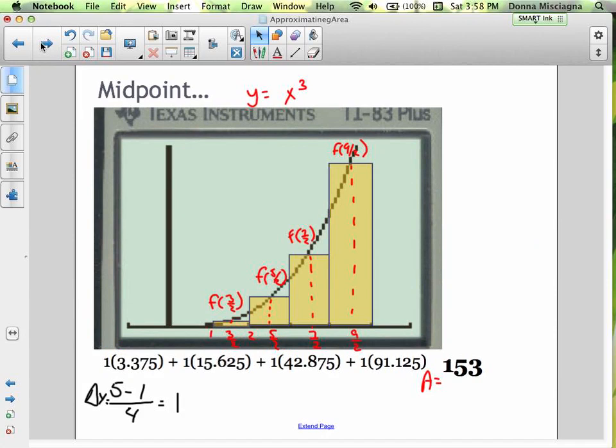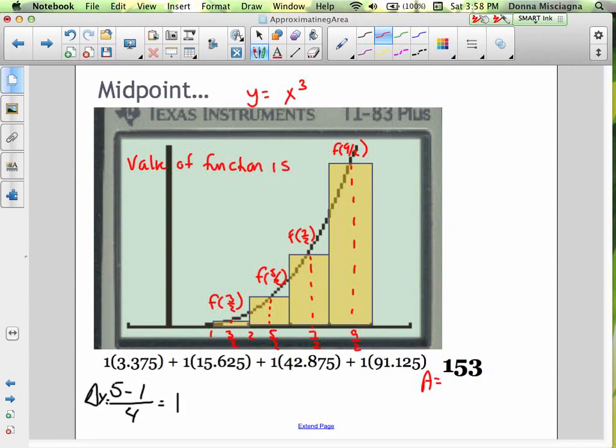So notice all of those values, and I shouldn't say value, well, it's the value of x I want to talk about.